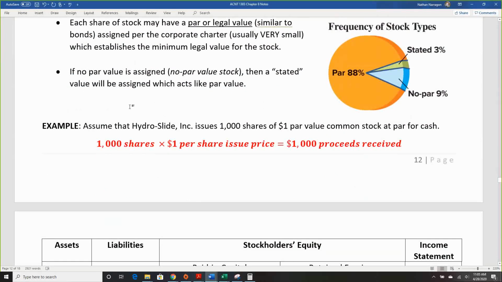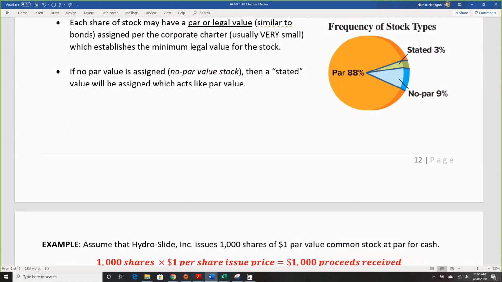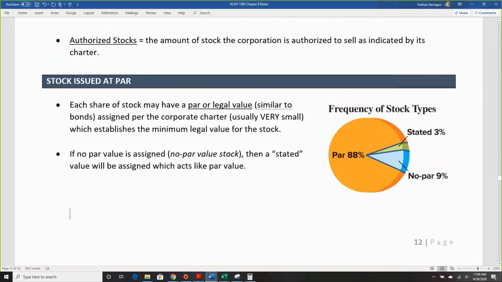We'll actually probably separate that example so it's with the tabular. Alright. Stock issued at par. Now, they have very similarities to bonds, I will say that. And stock can be issued at two values, par and premium. When stock is issued at par, they are basically sold at face value.